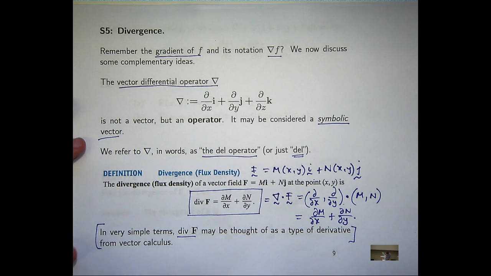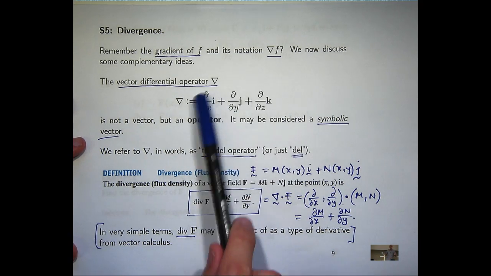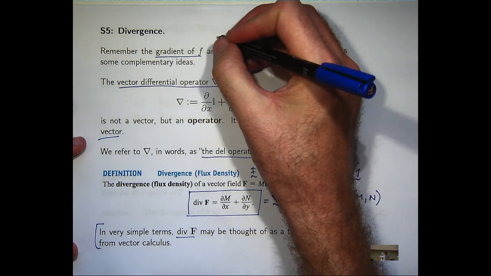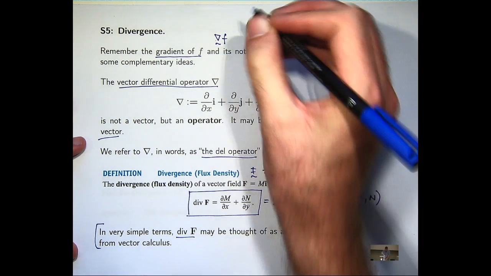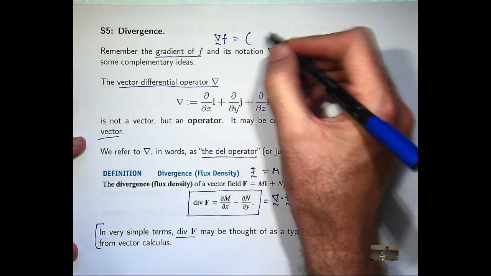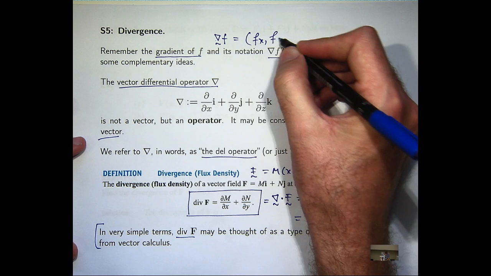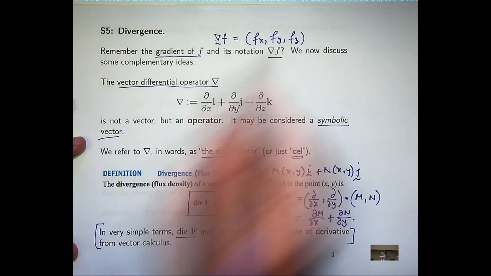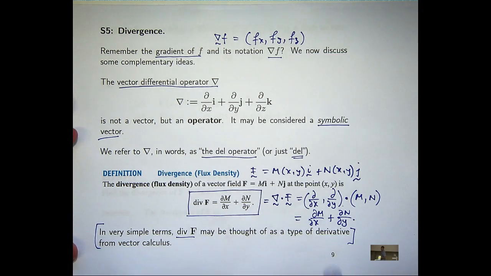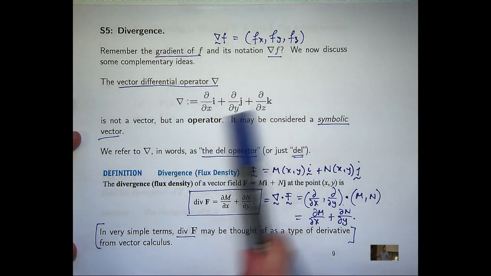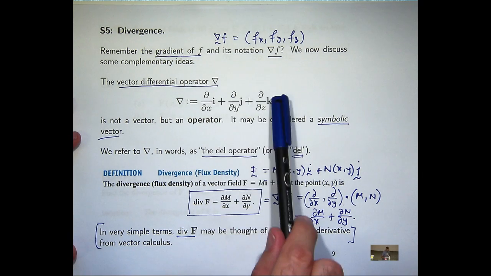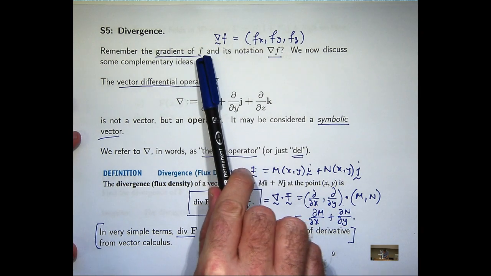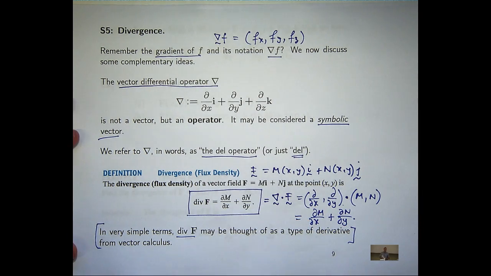Now, just a side note, how does this relate to the gradient of a vector field? Well, remember, the gradient field of a function is just a vector field with partial derivatives as components in the vector field. Okay, so with this notation here, you can think of taking this symbolic vector and multiplying through by the scalar function f.